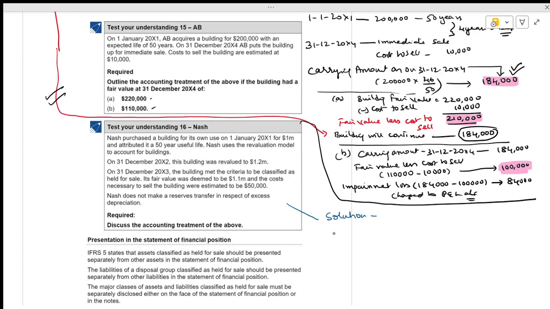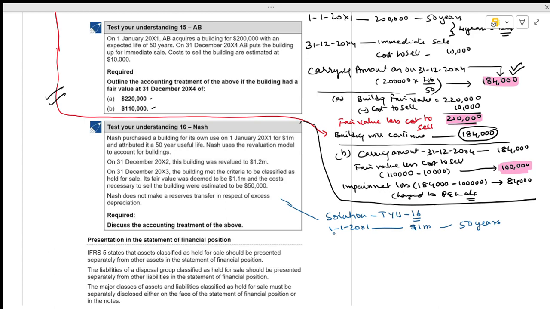Solution for test your understanding 16. On 1/1/2001, Nash purchased a building for 1 million, with a life of 50 years. Nash uses the revaluation model to account for buildings.